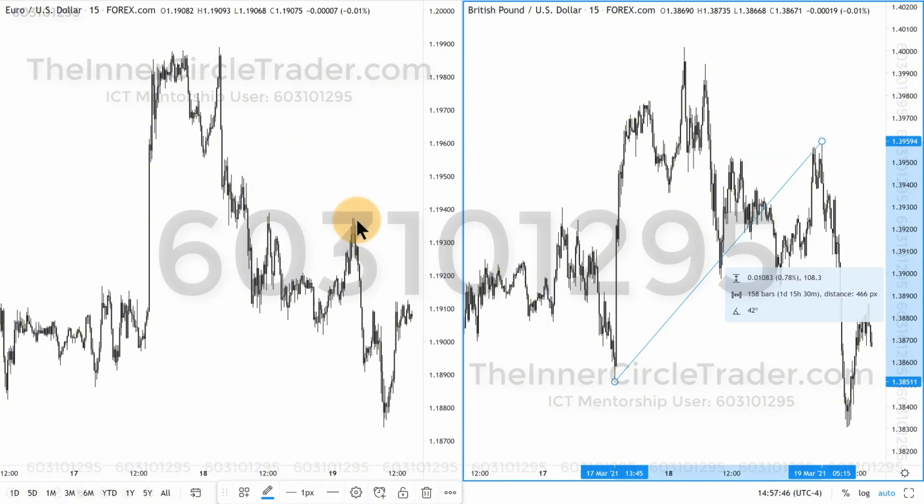Is it selling short from here to there? Or is it selling short here to there? Which one has the better setup? Clearly, cable. Now, with that in mind, this is supercharged when you bring in the following.